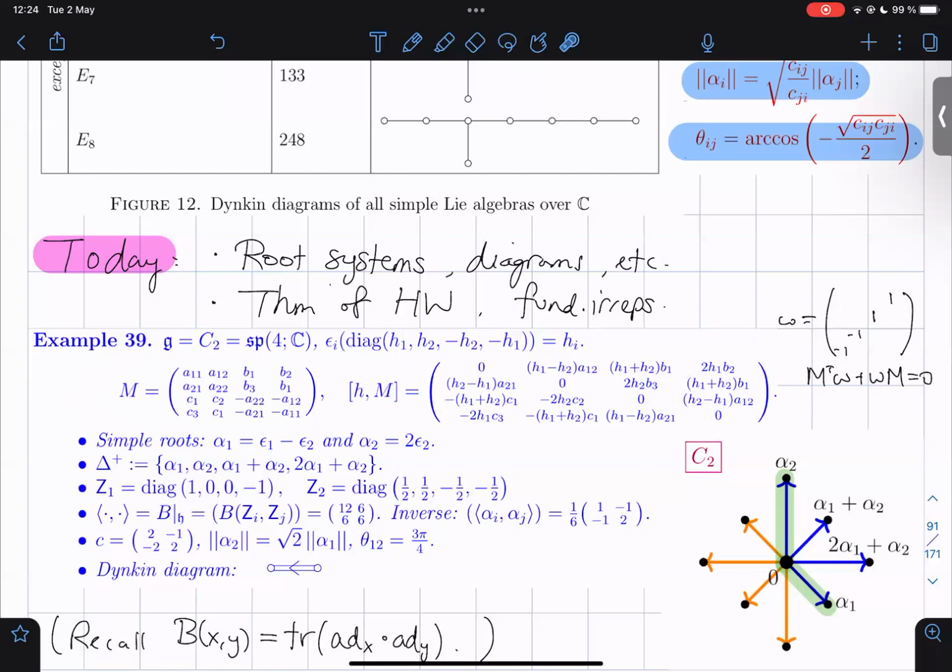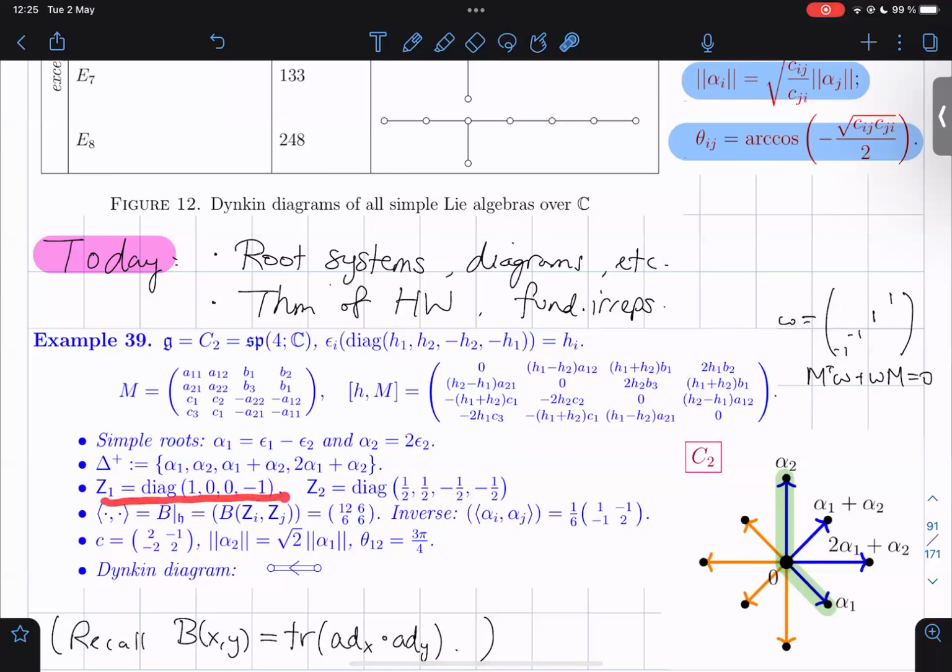The corresponding eigenvector, or root vector, would have a 1 wherever you see B1, in two places, and zeros elsewhere. That's a 4x4 matrix. So that's alpha 1 plus alpha 2. And this last one is 2 alpha 1 plus alpha 2. Those are the positive roots. Then you have their negatives below the diagonal, and the full root system is the positive roots and their negatives.